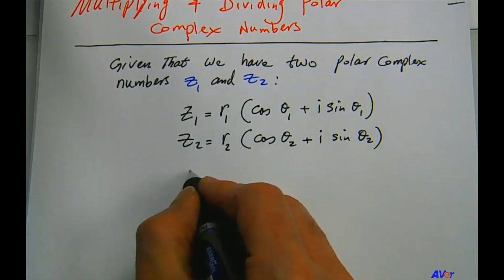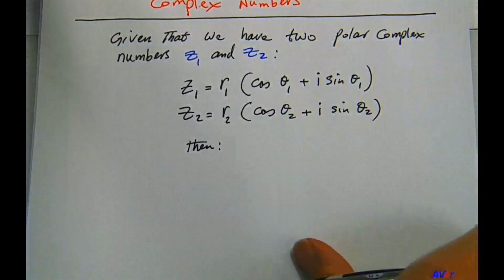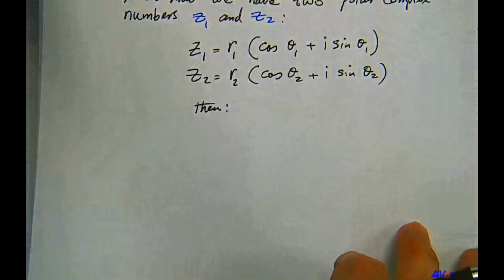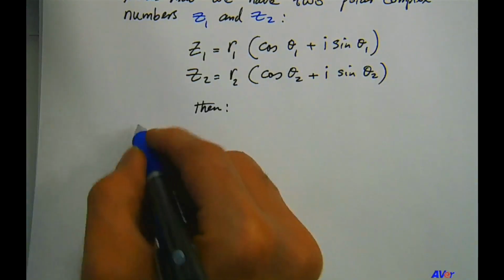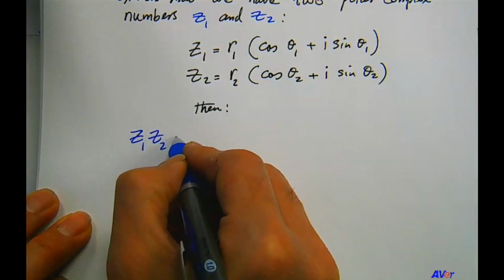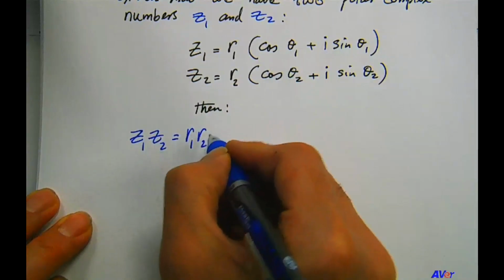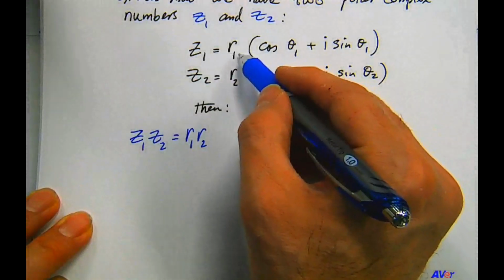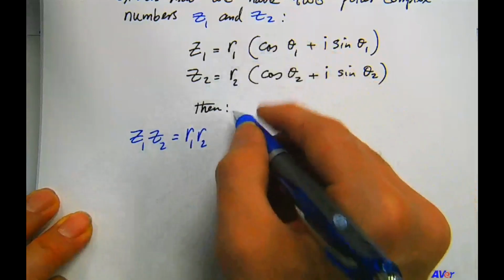Then these are the formulas for multiplying and dividing those two numbers. So we have Z1 Z2, that's when we multiply them. We have R1 times R2, right? Multiply the moduli, modulus for modulus, R1, R2, multiply them.